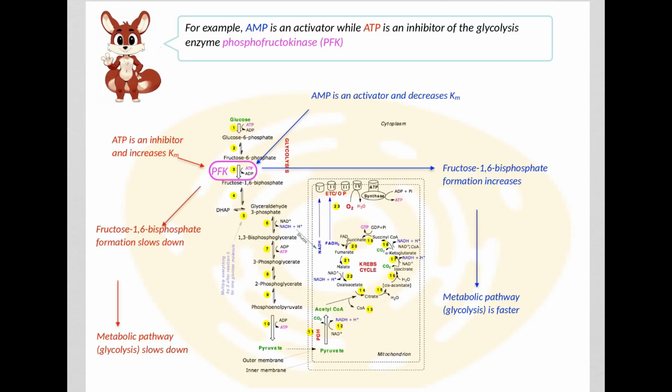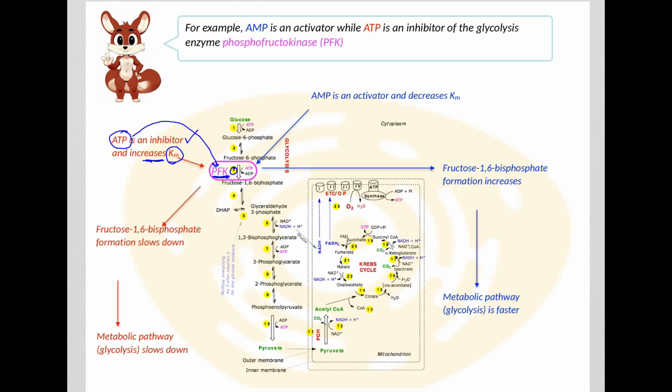So for example, let's consider the glycolysis pathway. There is an enzyme in the glycolysis pathway that catalyzes this reaction number 3. This enzyme is called phosphofructokinase, or PFK. Now, ATP is a small chemical. When ATP binds to this enzyme, the Km increases.